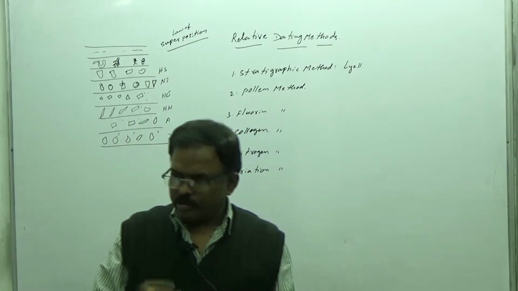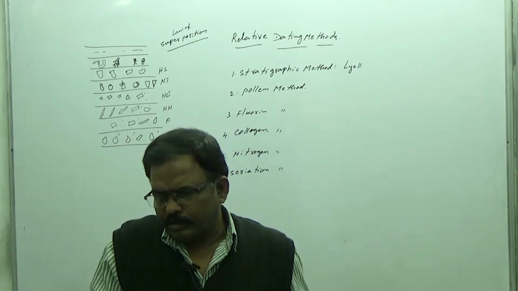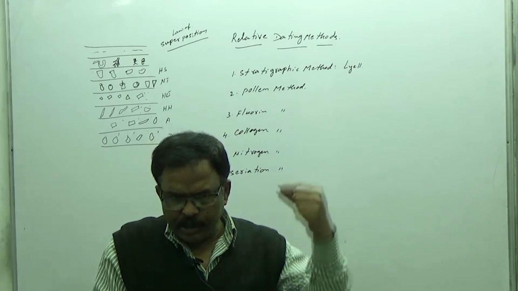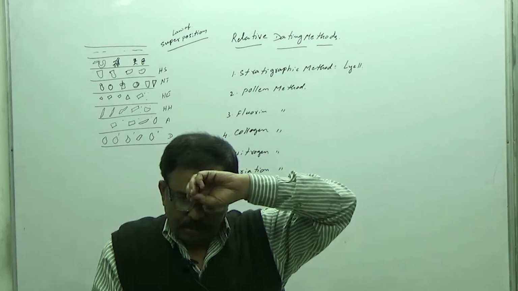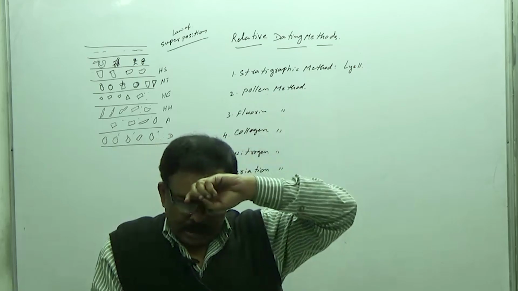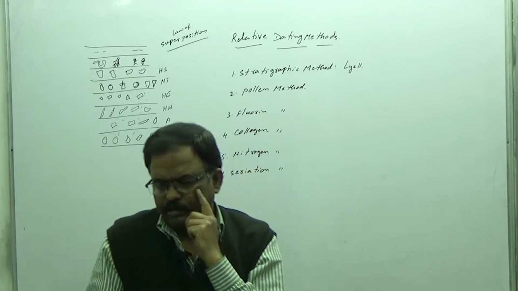Explain that one also. That means lower layers indicate the earlier periods. The upper layers indicate the recent periods.